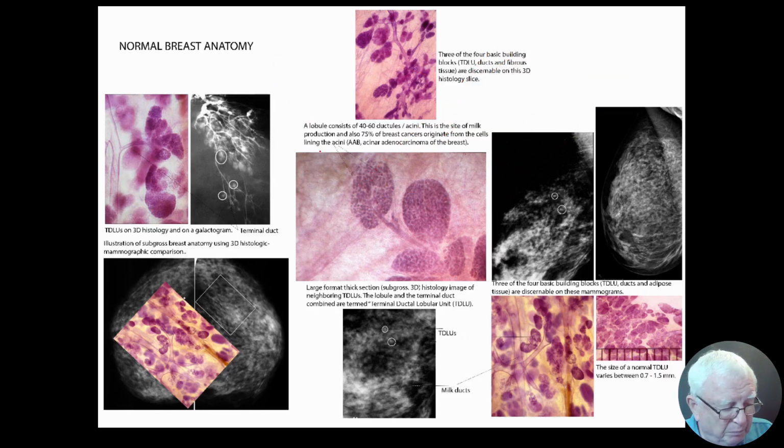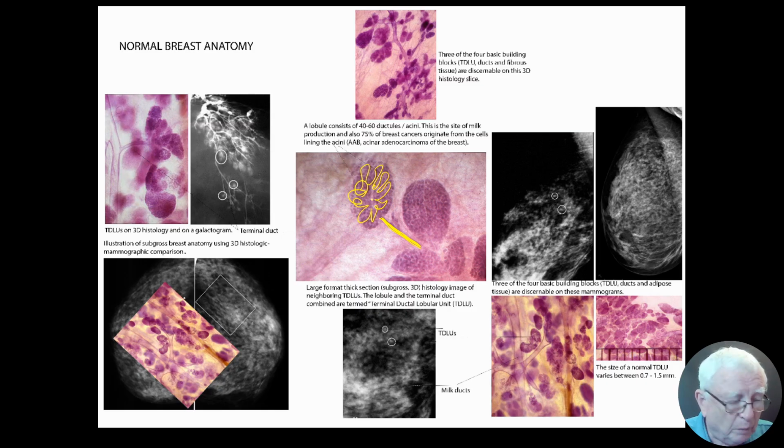But the 3D pathology, the subgross histology, is vital for the radiologist. Why? Because we don't see cells on the mammogram, but we see structure. The milk factory is in front of you. This is the terminal duct, and this is the lobule.